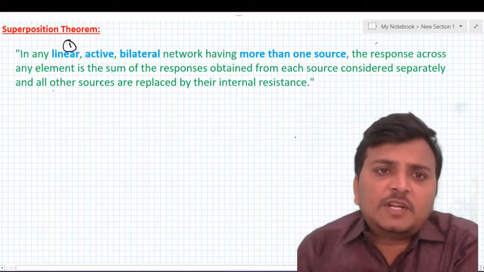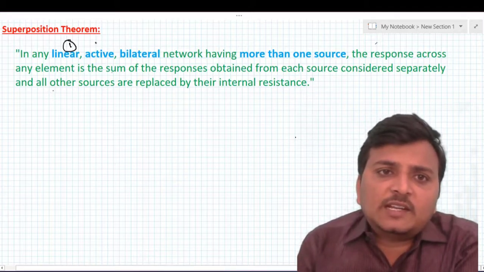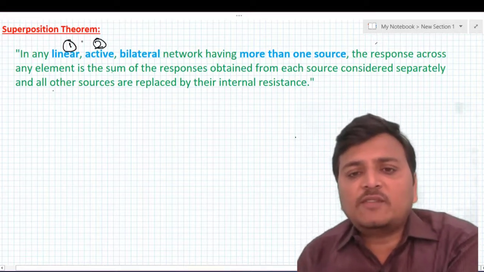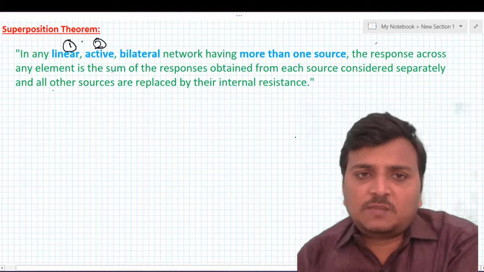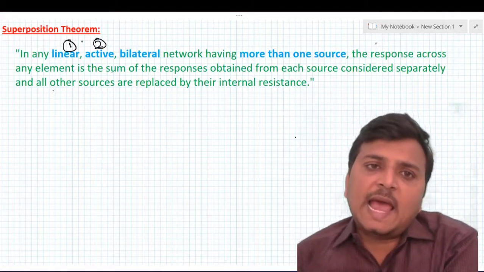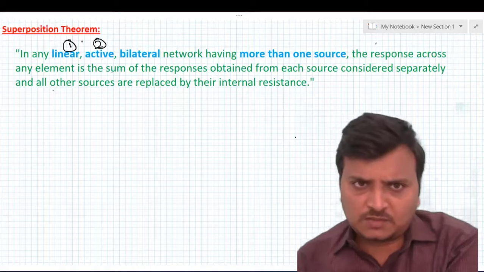The second term in the statement is active. The circuit has active sources, meaning elements that supply energy are called active elements, or sources.